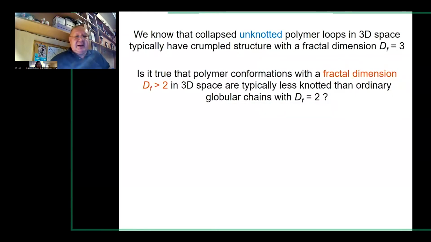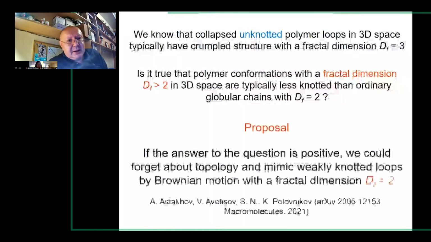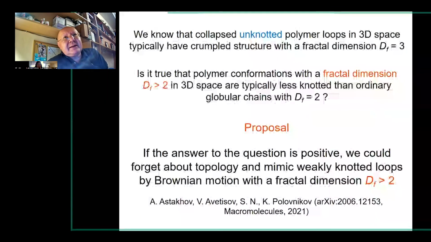Okay, so why is this important? One can formulate a proposal that instead of working with true topology in very dense polymer systems, let us mimic the unknotted chains just by saying that their fractal dimension is close to the fractal dimension of the space. Of course, we lose all information about topology, but still we mimic the structure somehow.